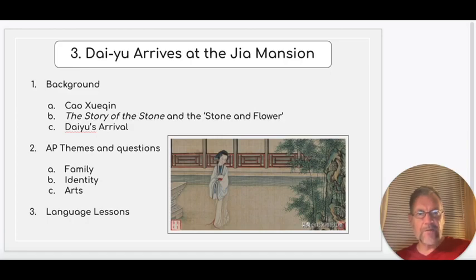And if you have a different kind of class, or you don't even have time for them to read 15 pages of the English, you could use clips from the television series, both in 1987 and in 2010, the series that were made then.